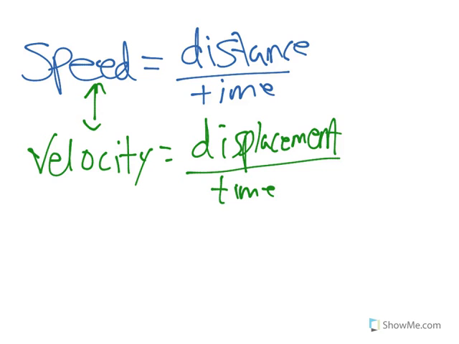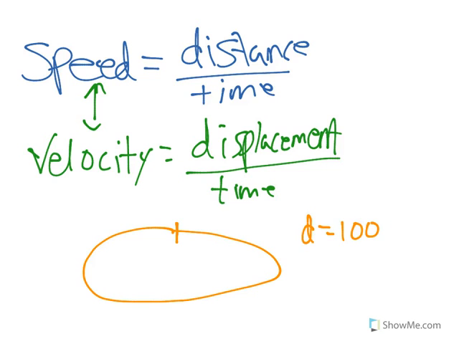So the difference here is if we had, just as an example, if we start here and we ran around a track, and the track had a circumference or a distance around the track of 100 meters, and we ran that in a time of, I don't know, what's a legitimate time to run 100 meters? 12 seconds.